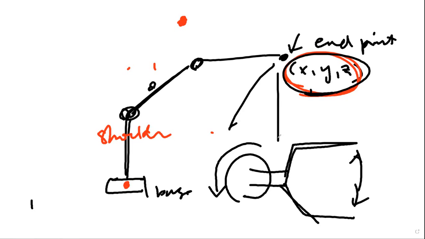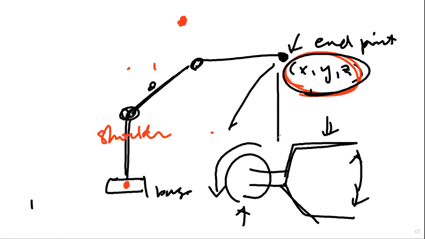Finger control and the rotator at the end doesn't change the location of the endpoint, but it does change the configuration, how you use your robot finger, how you clip something, how you take something locally.